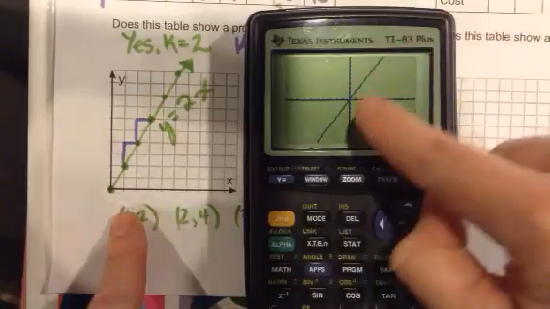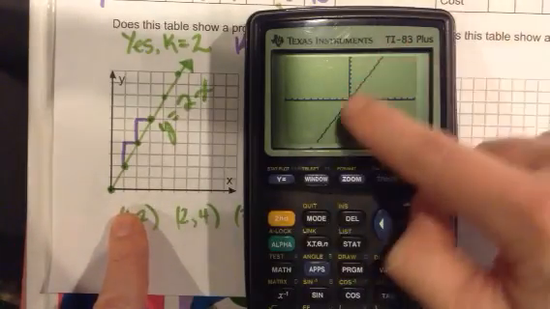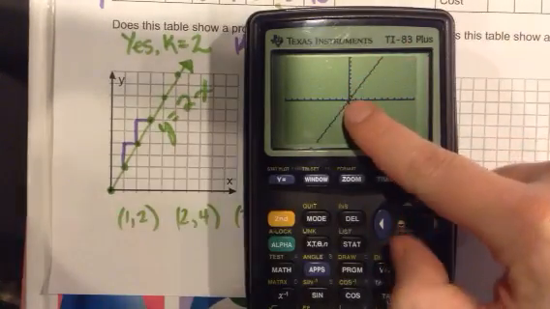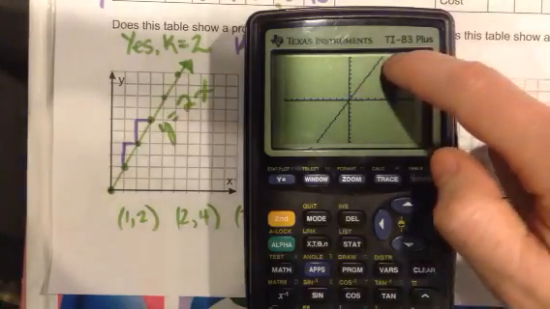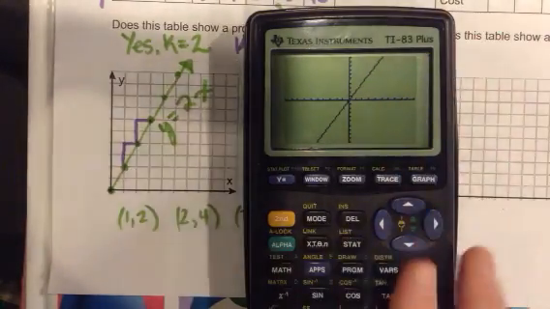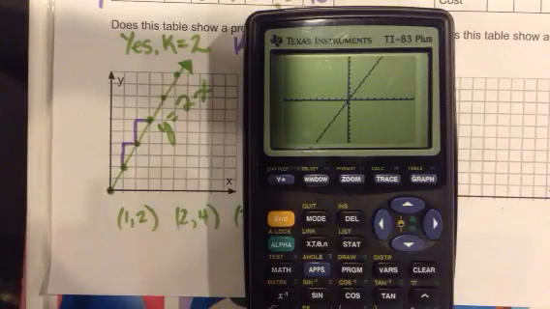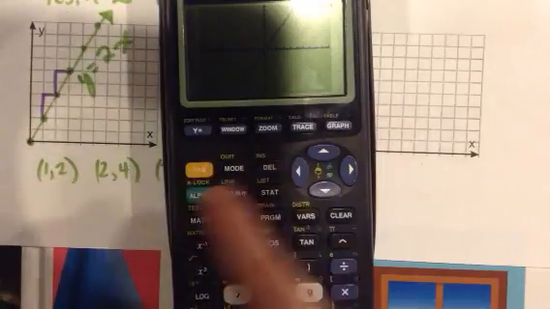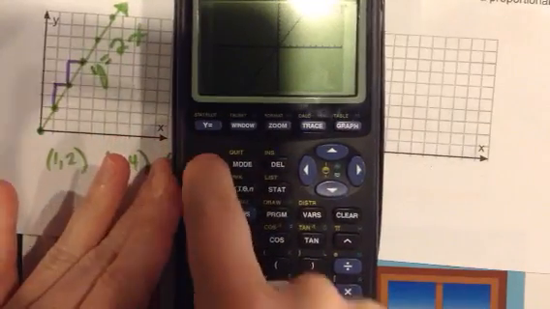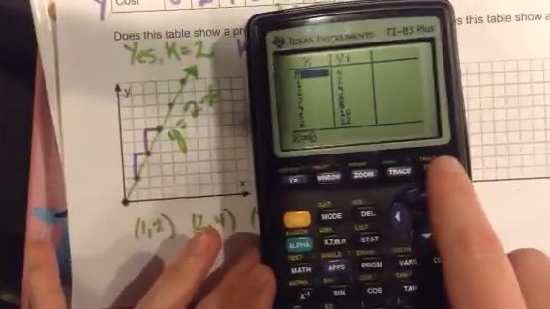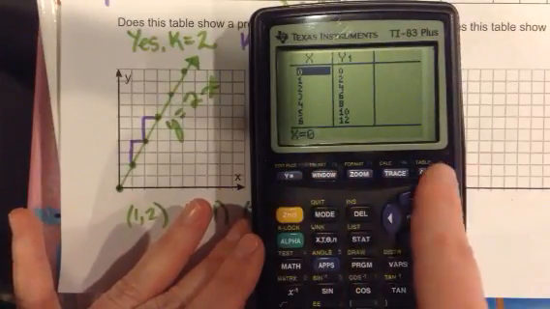So you can see how whenever you graphed it on the calculator, it did go through the origin because it's proportional and it's linear, it's a straight line. Another thing that you can see is if you hit second graph, because up above it, it says table, and yours would be blue, but mine's yellow.